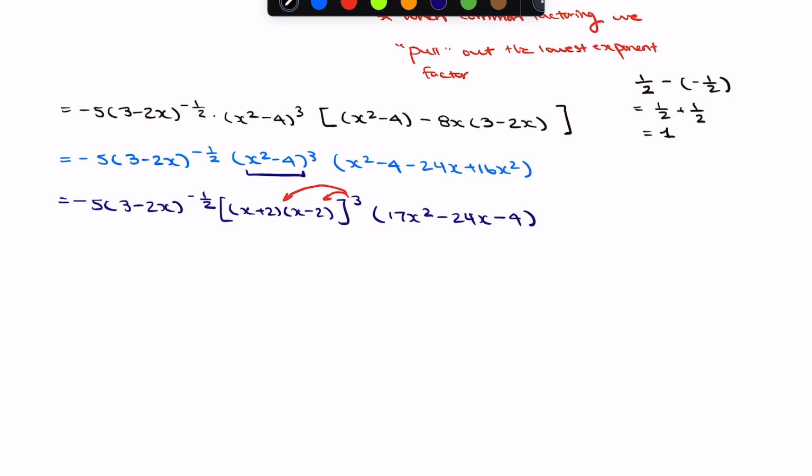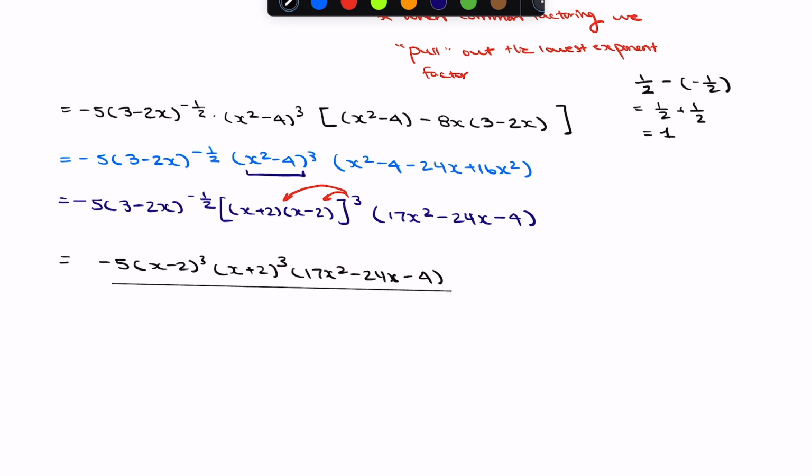So here, we can rewrite our expression as negative 5 (x minus 2) to the power of 3, (x plus 2) to the power of 3, (17x squared minus 24x minus 4).